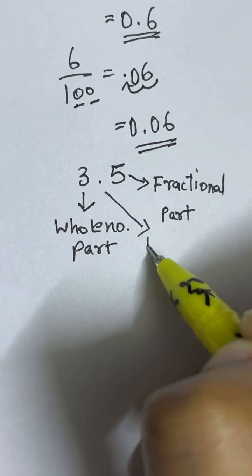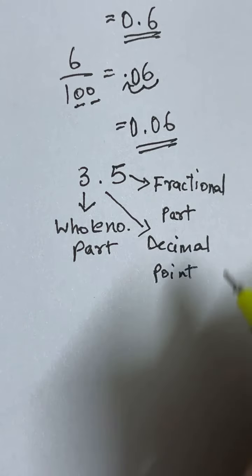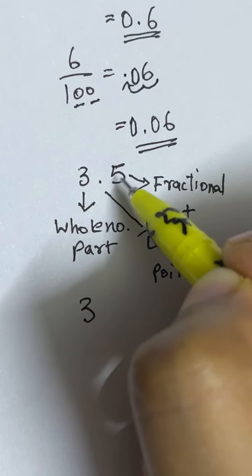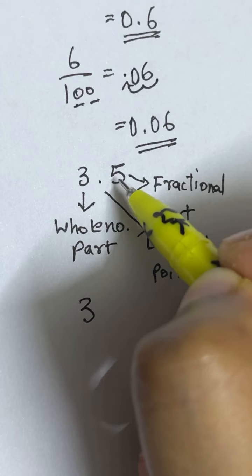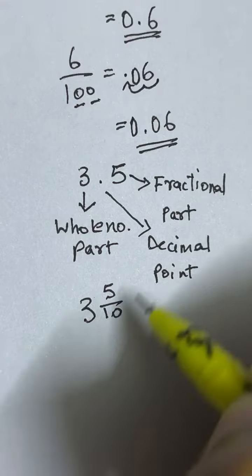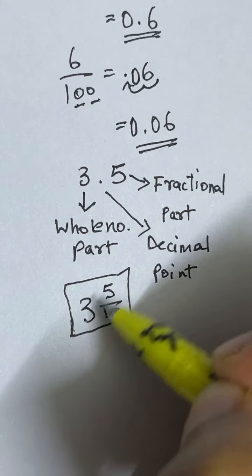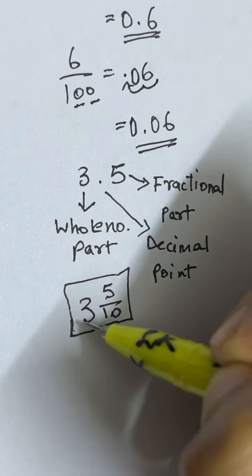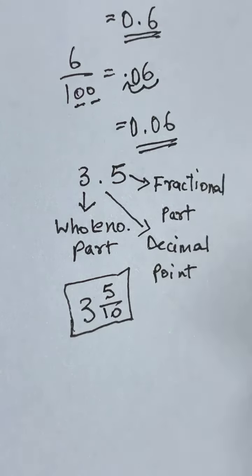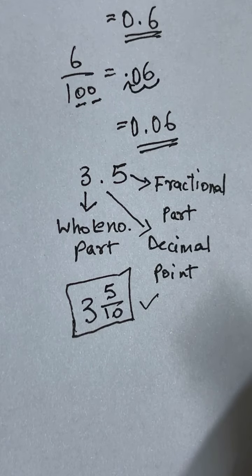This can also be written as: the whole number part 3, and the fractional part, which is next after the decimal, in the tens place, so we write 5/10. This can be written as a mixed number like this. And if you want to convert a mixed number back to a decimal, it's 3, then a decimal, and then 5, which is 5/10.